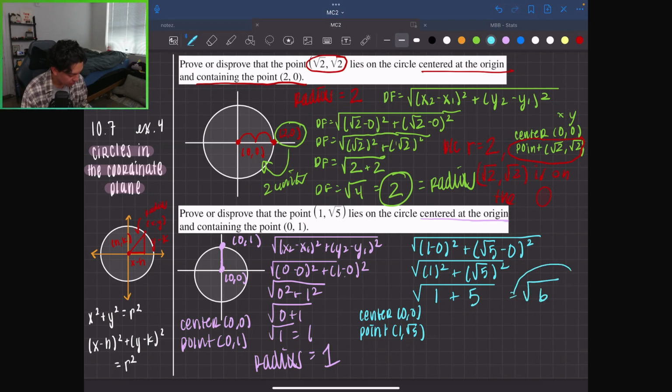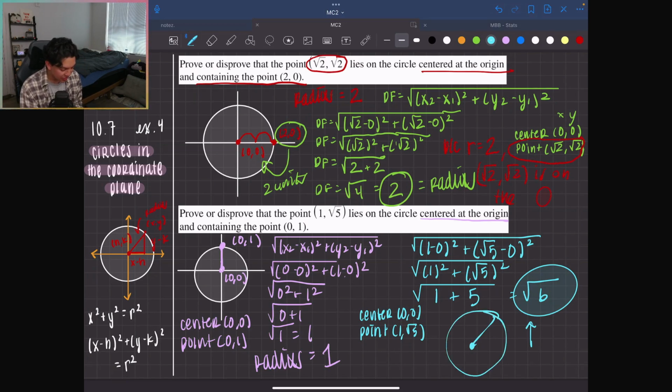But this is our radius then. That is the distance. This is the distance right here. Root 6 is the distance between the center of a circle to whatever the circle is supposed to be, right?